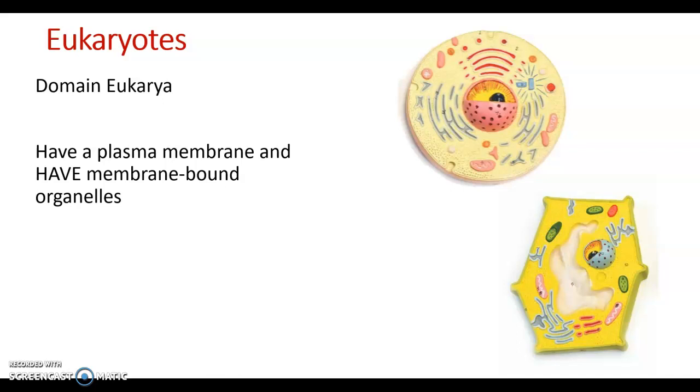So we saw that our prokaryotes have plasma membranes around them, and so do our eukaryotes. And there's a lot more diversity in how that can look in eukaryotic cells. So here's our typical animal cell, and we're going to look in a lot more detail at the plasma membrane of that.